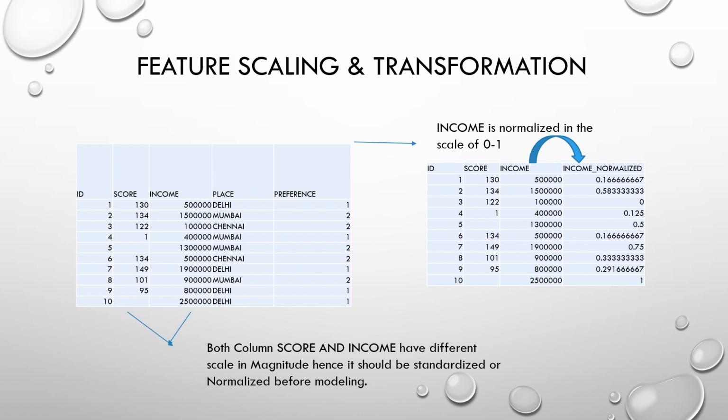There are multiple transforming and scaling techniques that we will cover in depth in different lectures. But one of the very common techniques is called normalization. I just put a glimpse of it, where we can transform the complete column between 0 to 1. So any column, whether it is score or income, we will compare between 0 to 1.